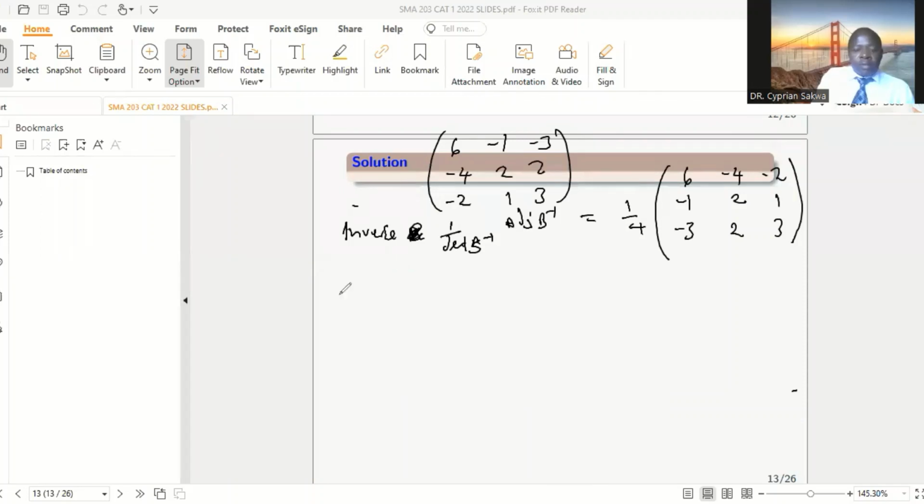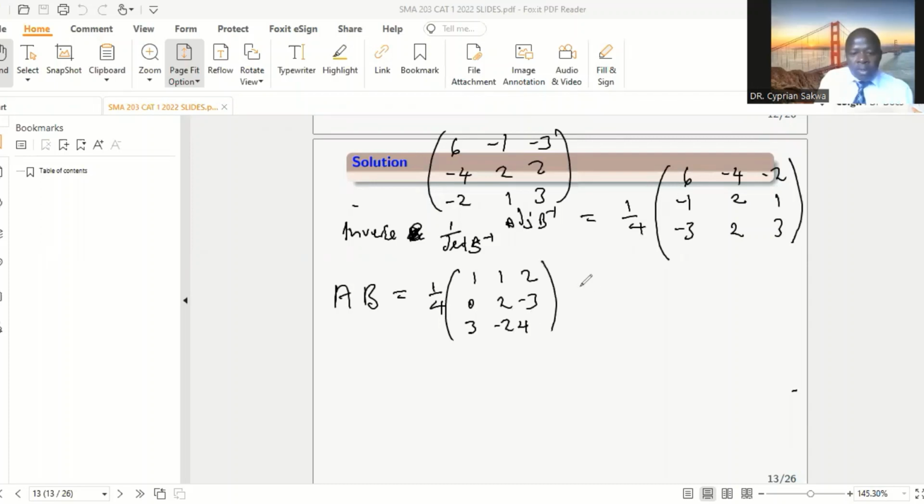So what is AB? Let me write this constant here. It has no harm writing this constant outside. Then I write A. What was A? A was 1, 1, 2, 0, 2, negative 3, and then 3, negative 2, 4.